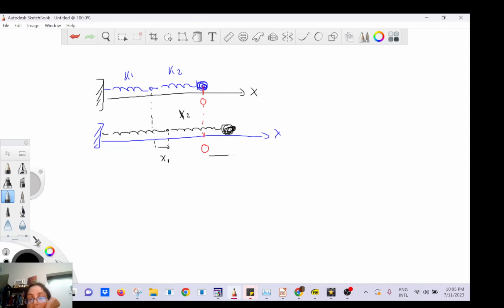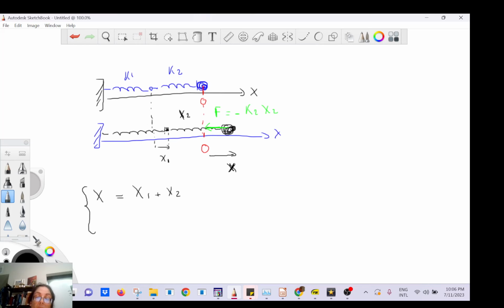Okay, so what is x? The other thing we know is that x equals x1 plus x2. So the total amount by which it has been moved is the stretch from that spring plus the stretch from that spring there.